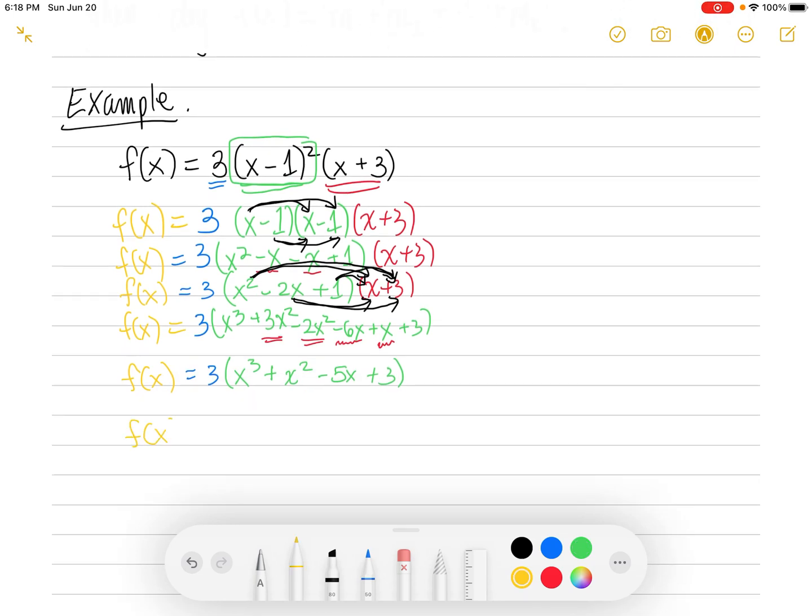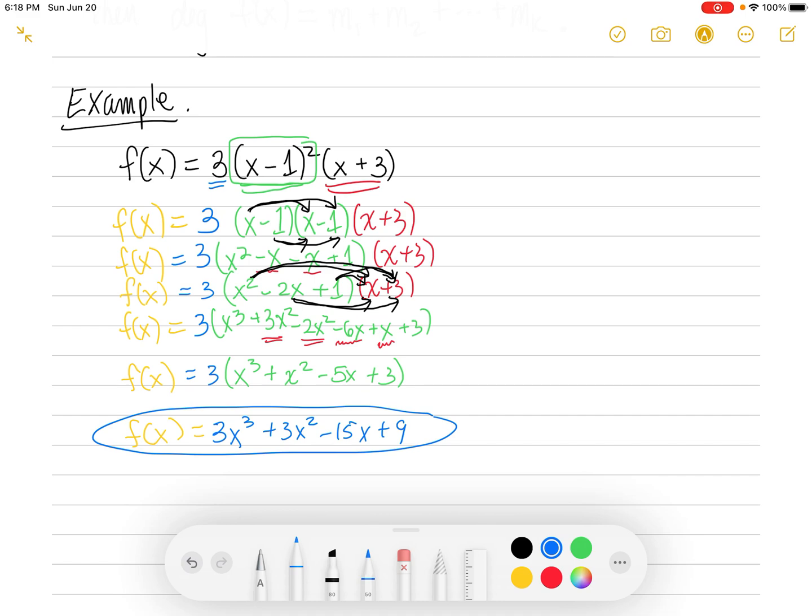If I decided to continue expanding this, I multiply through by 3 and get 3x cubed plus 3x squared minus 15x plus 9. So this would be the general form, and you would see that the degree of this polynomial is, the largest power here, the power of 3.